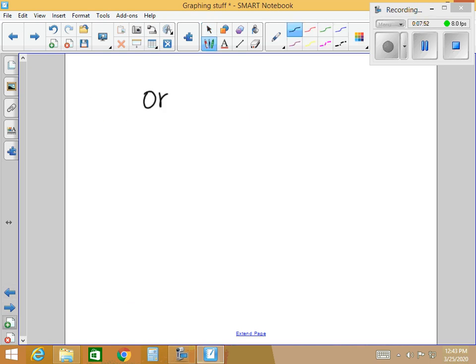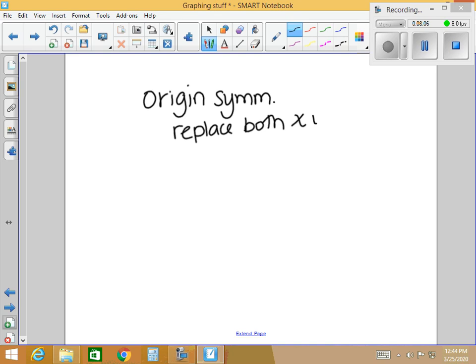If we're going to check for origin symmetry, for a function to be symmetric about the origin, we're going to do both. We're going to replace both x with negative x and y with negative y.